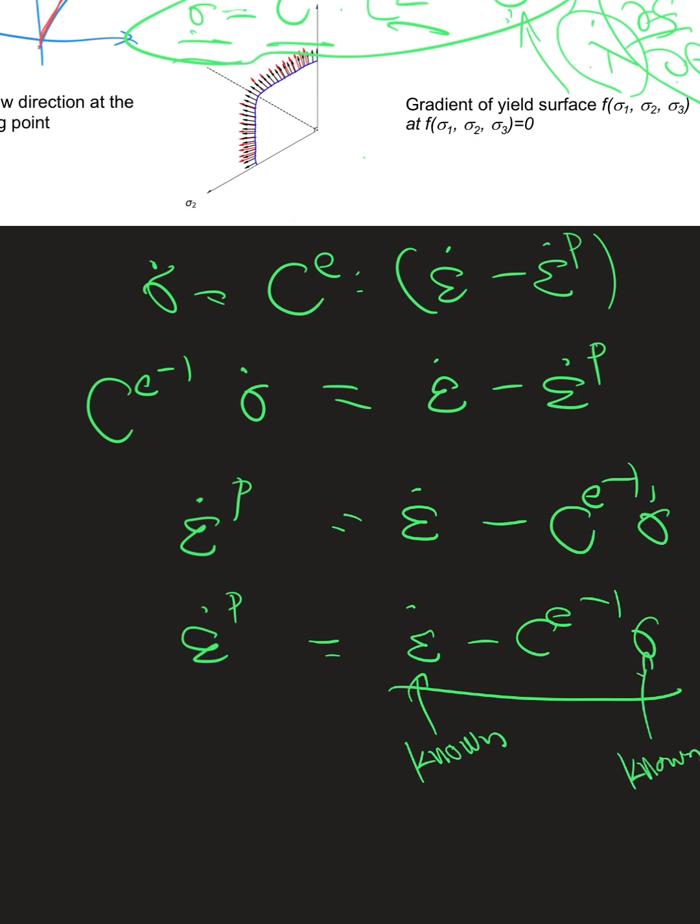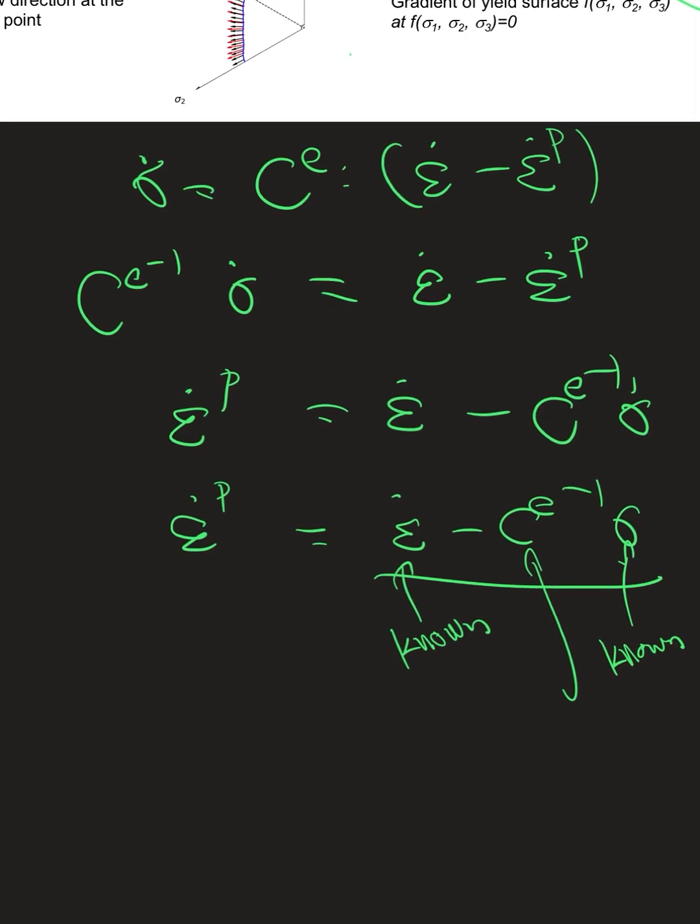Okay, and then C^E is invertible for linear elasticity. It will be very dense, but since it's linear, you don't need to update it, so it won't cost too much to store the inverse. Okay, with that, how do I get the flow directions?